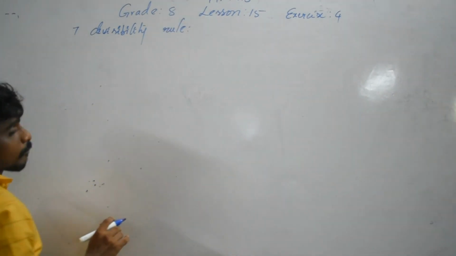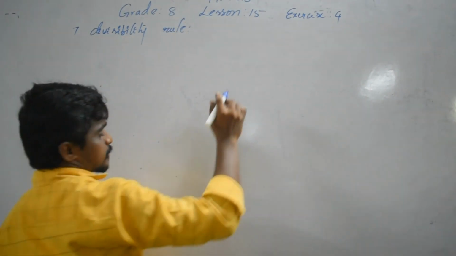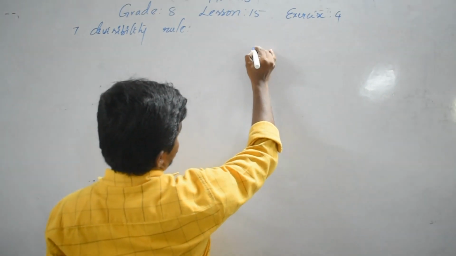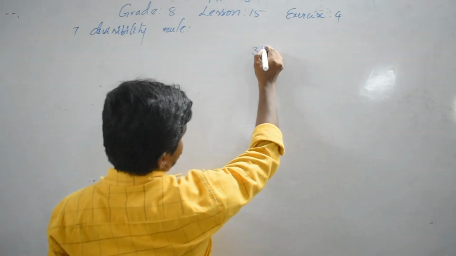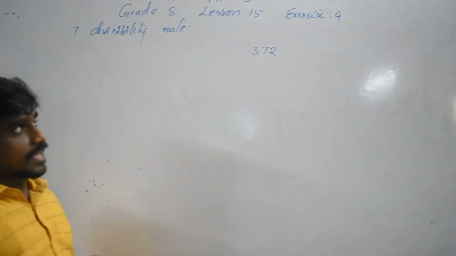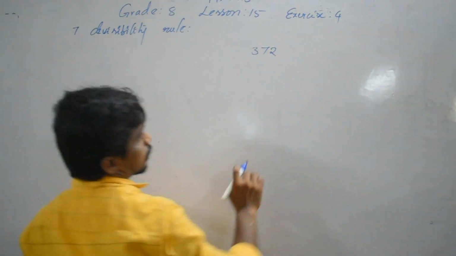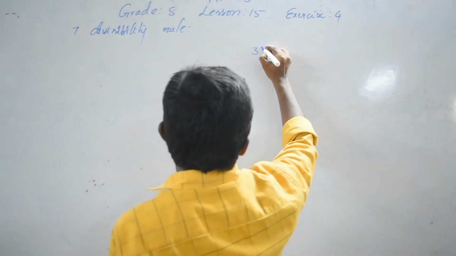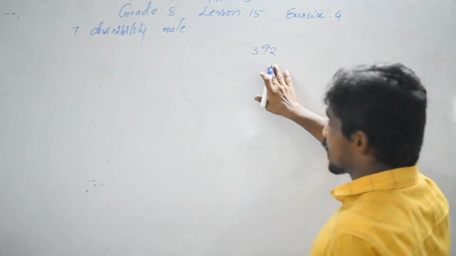When large numbers are given, like small numbers given, 372, 392.